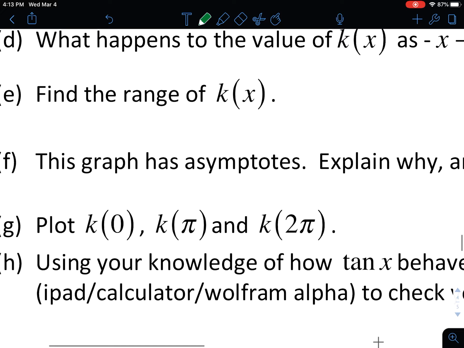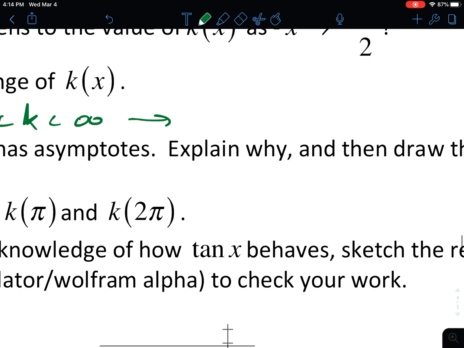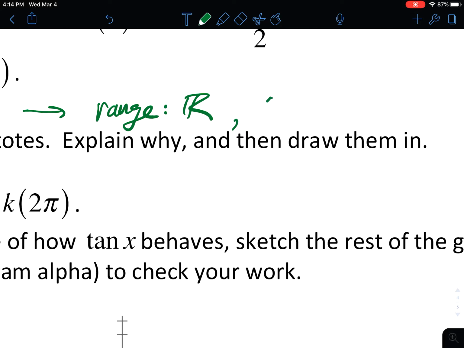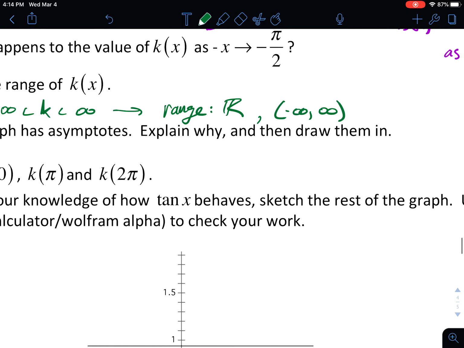And so it seems that k goes between negative infinity and positive infinity. And so that would mean that the range was all real numbers, or negative infinity to infinity.